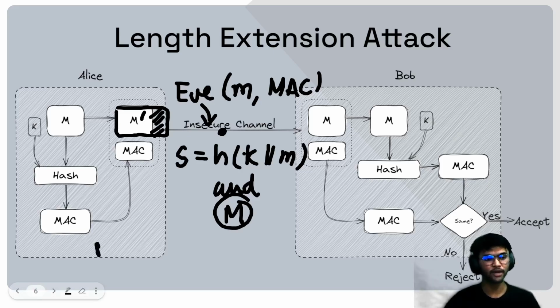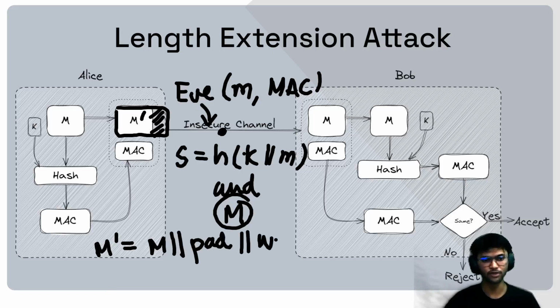Mathematically, this M dash will be defined as the message M concat a pad, concat the malicious word that Eve chose.